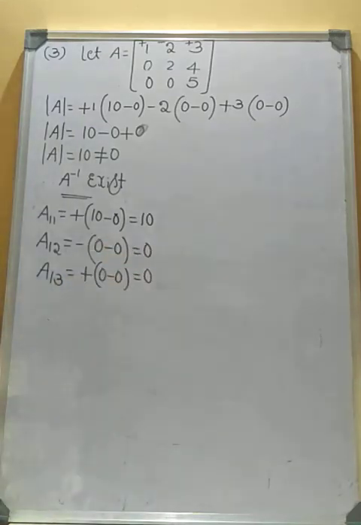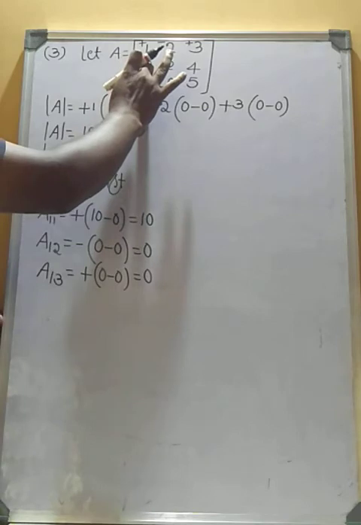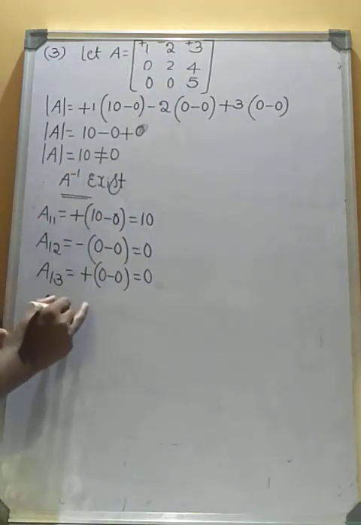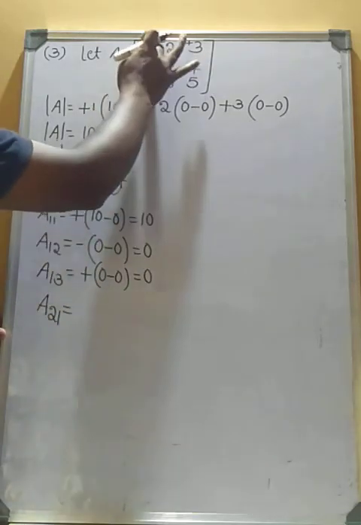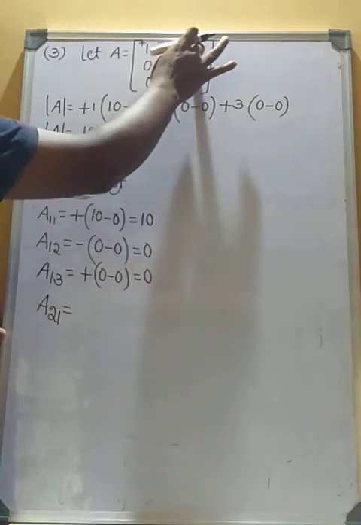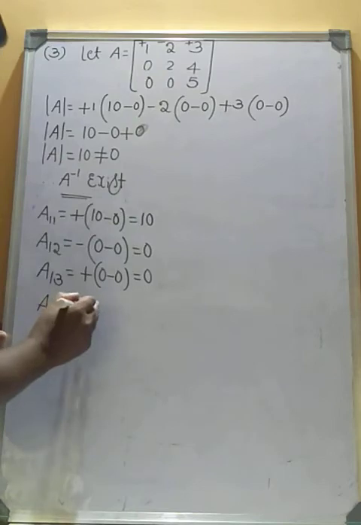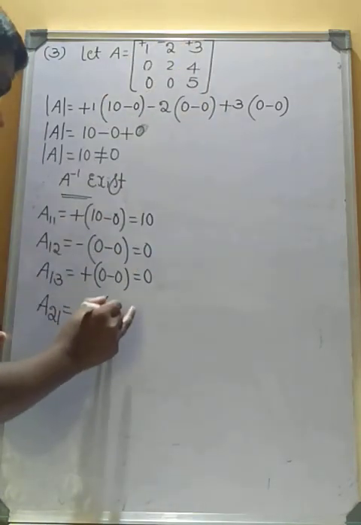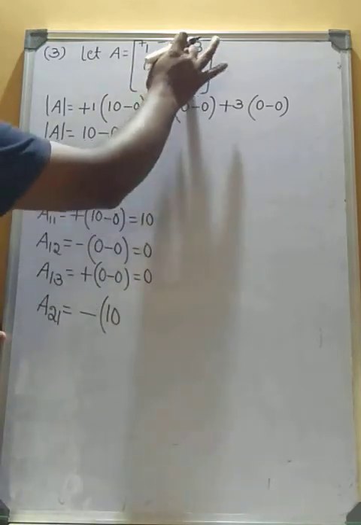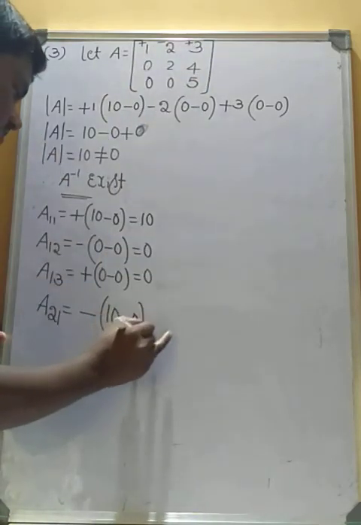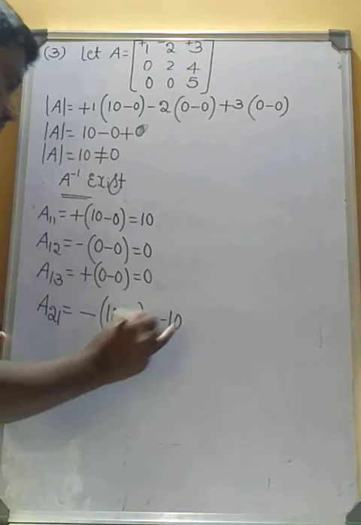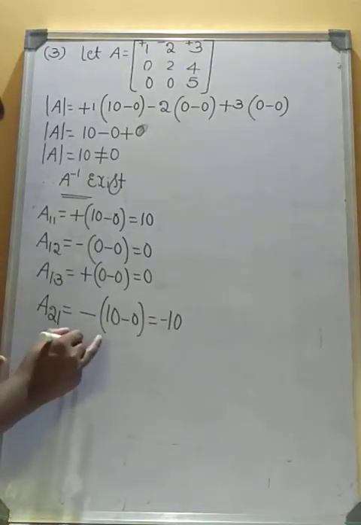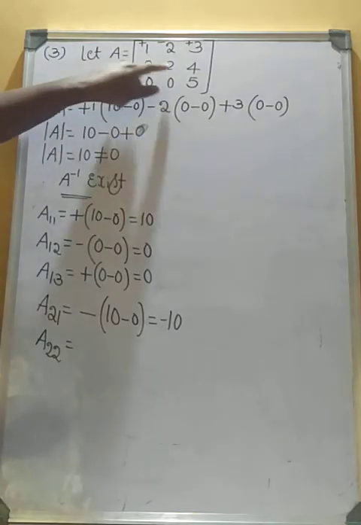The next cofactor is of the element 0, that is A21. Second row, first column deleted: 2 3, 0 5. Take sign minus, 2 5s are 10 minus 0 3s are 0, which is equal to minus 10. The next, find A22, the cofactor of the element 2.